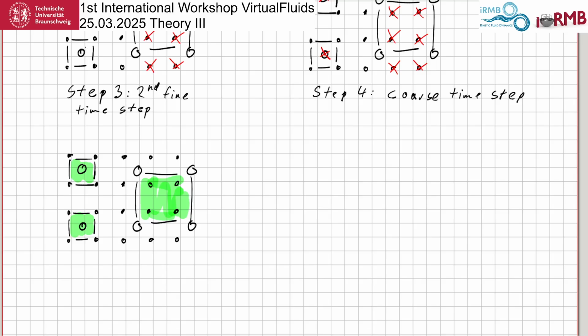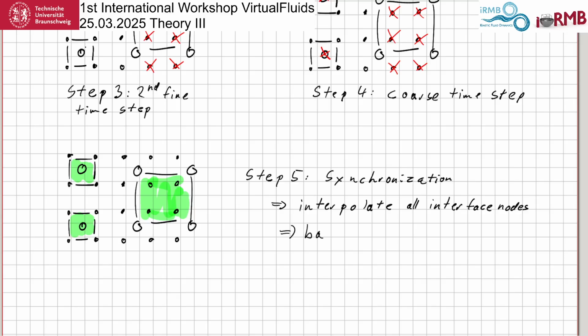So this is step number 5. Now we synchronize. We do all the interpolations at once, all the interface nodes. And then we again have a valid situation, and we go back to step 1.